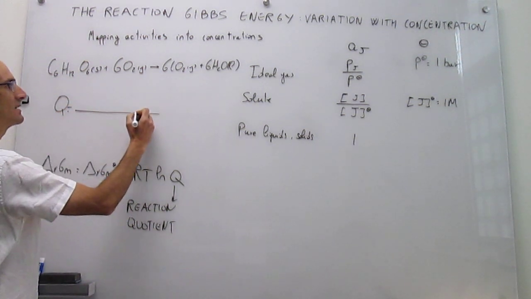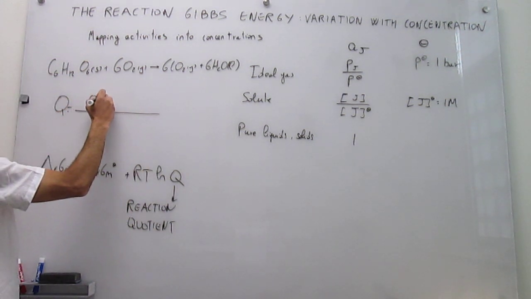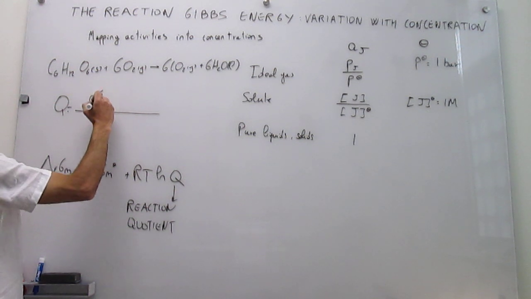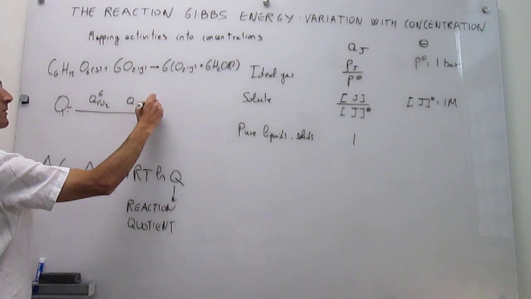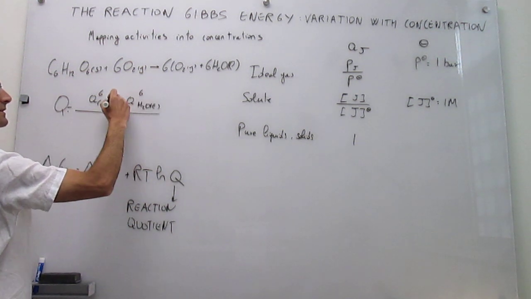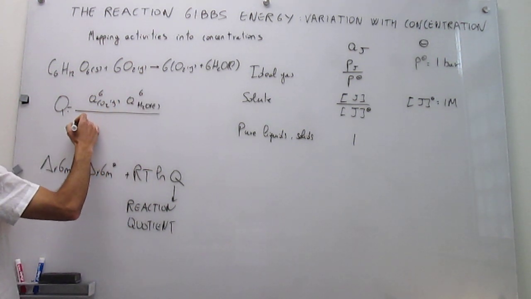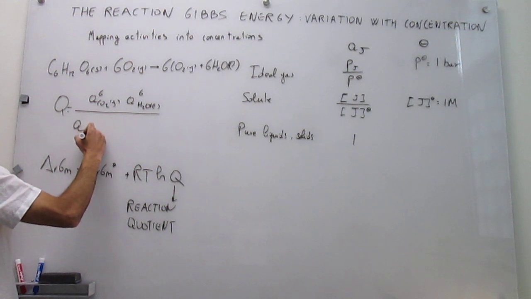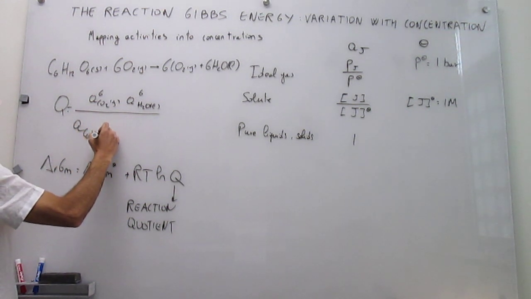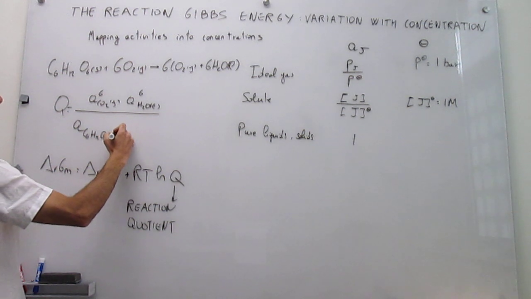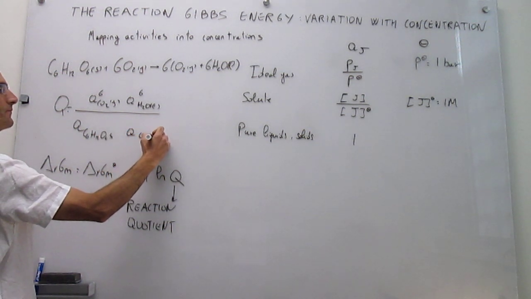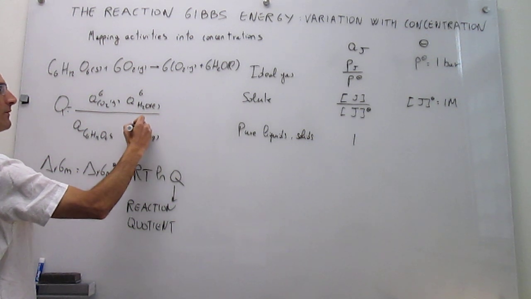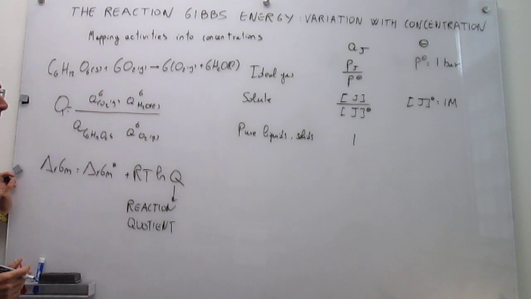There's going to be the activities of products, the activity of CO2 to the power of the stoichiometric coefficient, the activity of H2O as a liquid to the power of 6, and then the activity of glucose, C6H12O6, which is a solid, and then the activity of oxygen, which is a gas, to the power of the stoichiometric coefficient. So these are our activities.